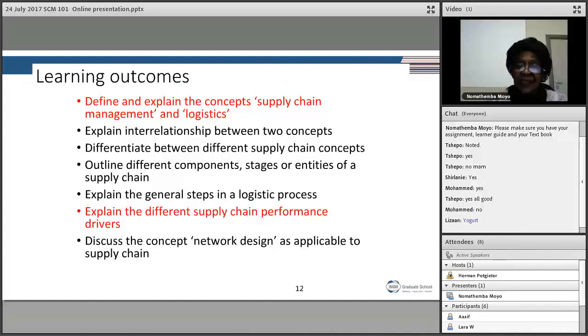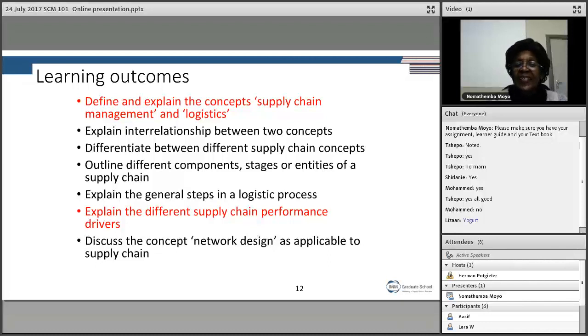Your first learning outcome is define and explain the concepts, supply chain management and logistics. So note that even when you read for your exams, you should make sure that you can answer everything that is on the learning outcomes. I put that in red because it's related to your paper.